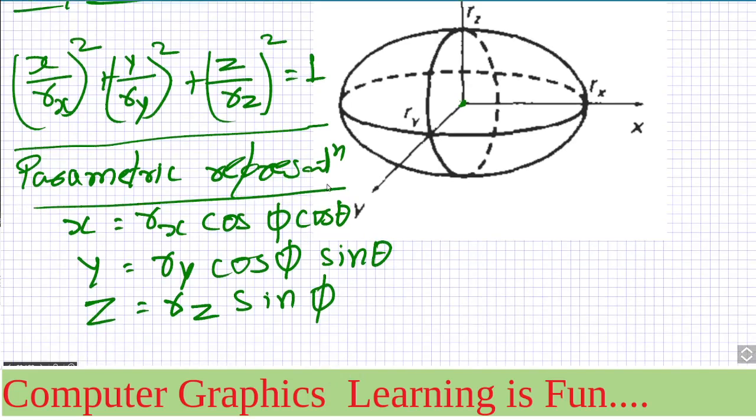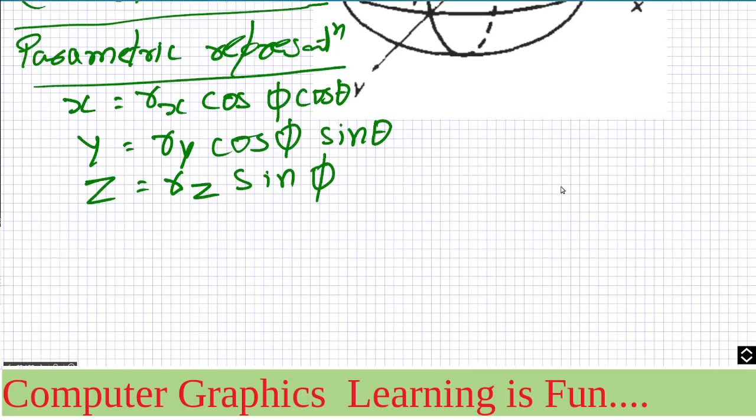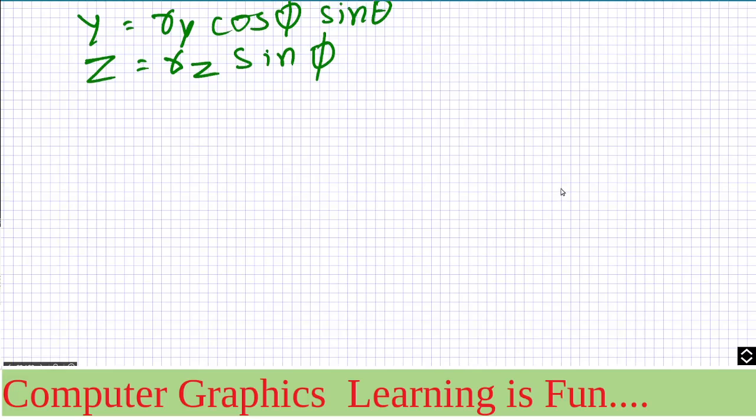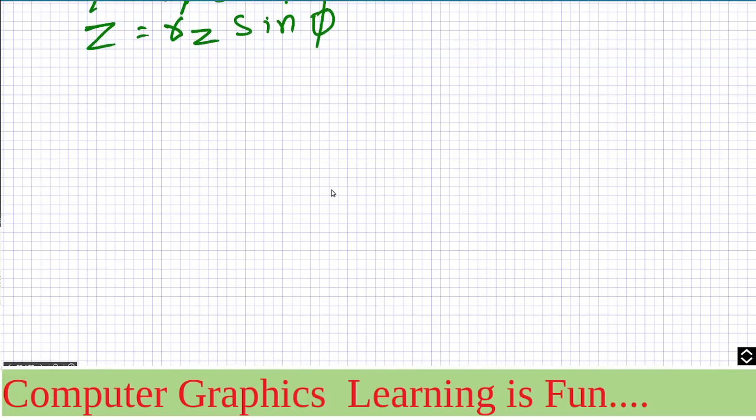Parametric representation is also similar. Earlier r was the same for all, now rx, ry and rz are separate for x, y and z. I believe similarly, whatever other object we want to draw, they will have their equations, we can use them.